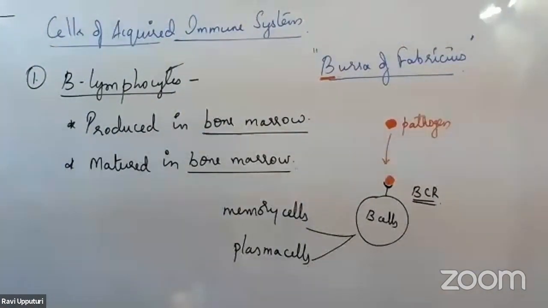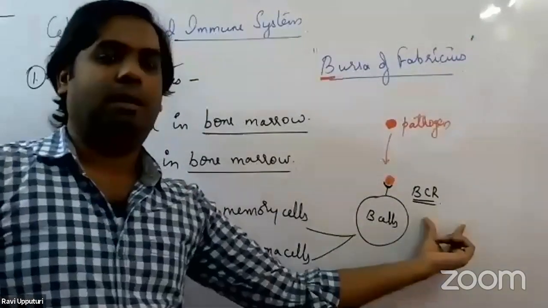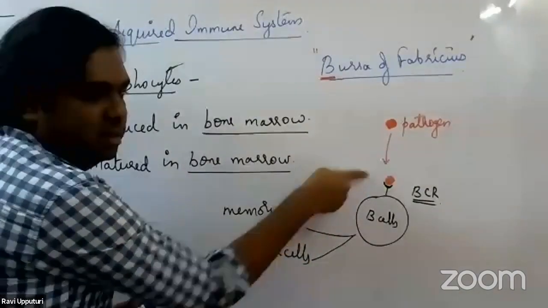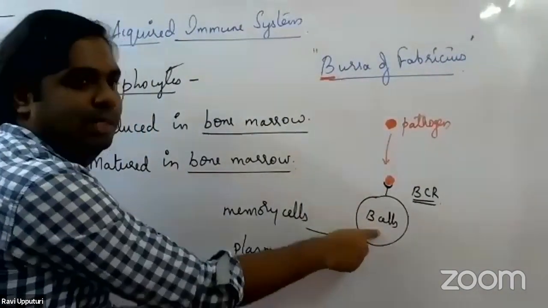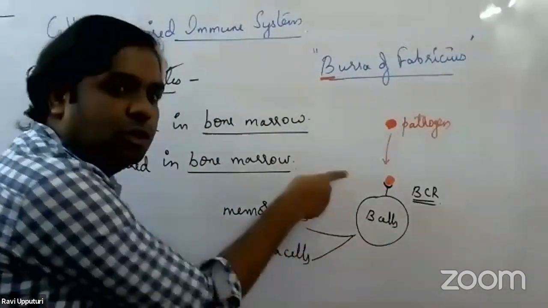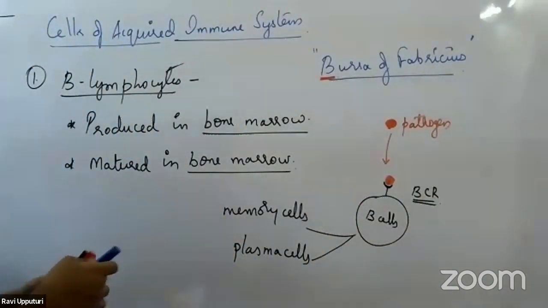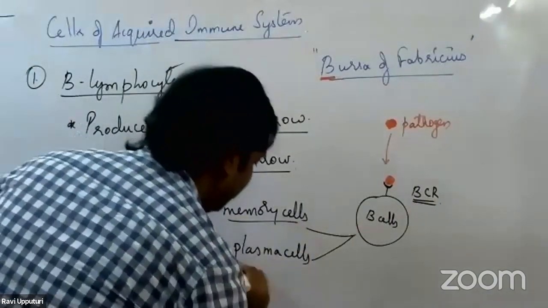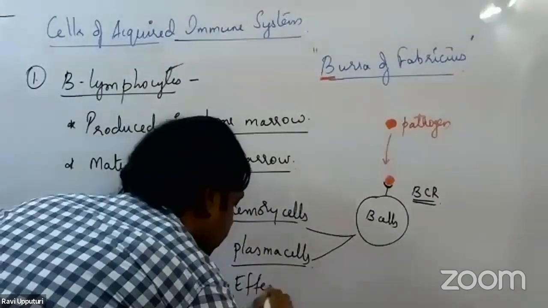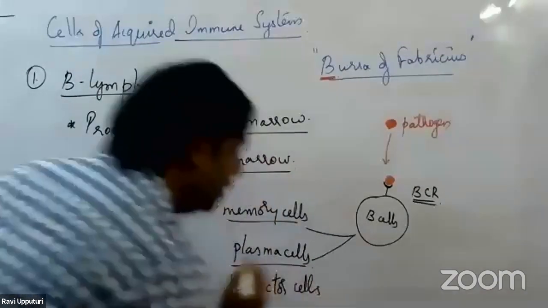Once there is an entry of a microorganism or any pathogen into the body, the B cell receptor will first identify and recognize that pathogen. Once the B cell receptor recognizes the pathogen, the matured B cell will undergo activation. After activation, it undergoes differentiation, producing two different types of cells. One is called the memory cell, and the other is called the plasma cell. The plasma cell is also called the effector cell.